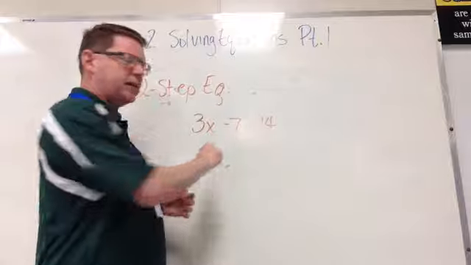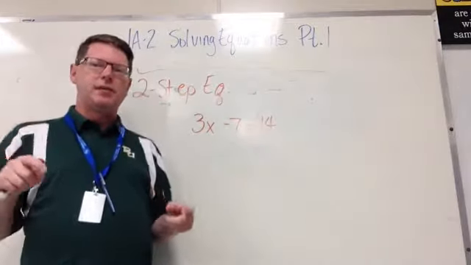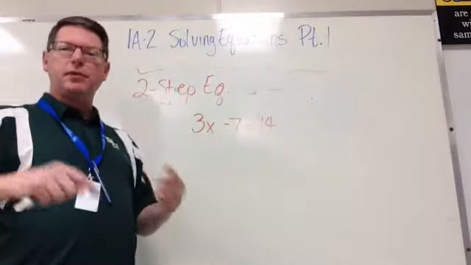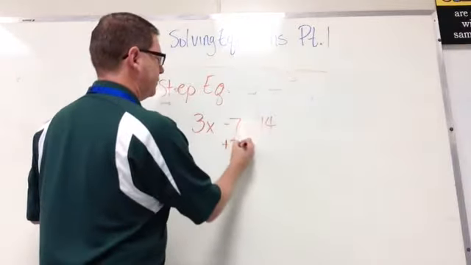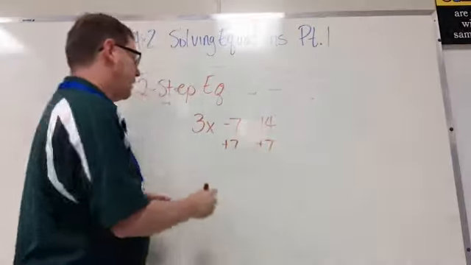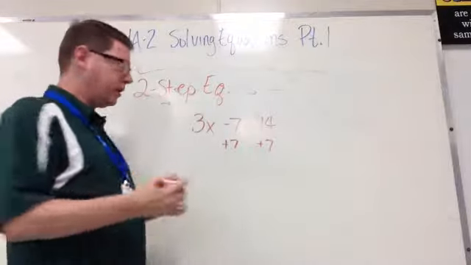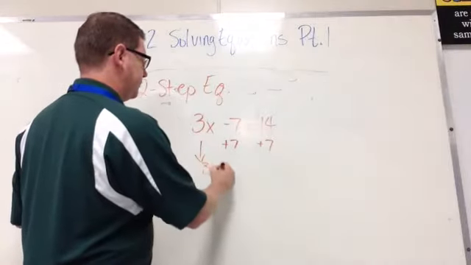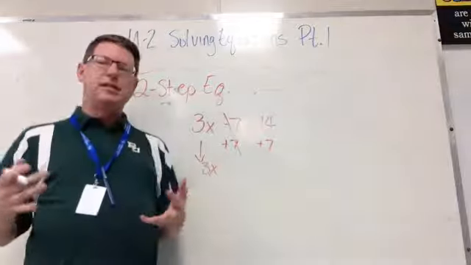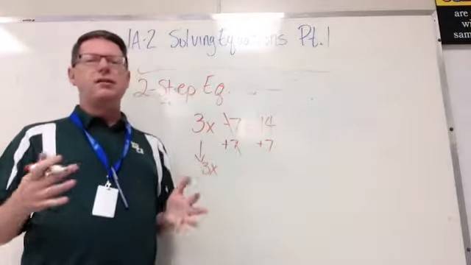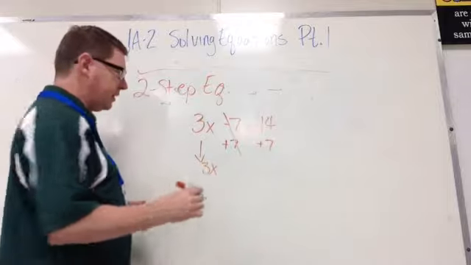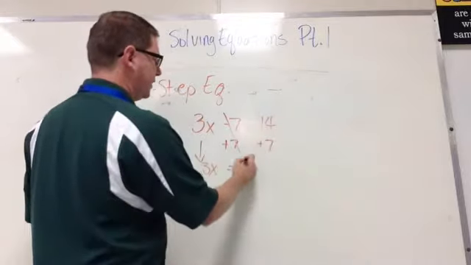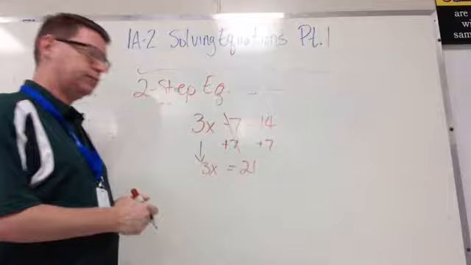Well, this is minus 7, and remember what I said, we always do the opposite. So what do I do? I add 7 to both sides, so I can get rid of the 7. And so the 3x, I'm not doing anything to the 3x, so I just bring it down. Negative 7 plus 7 is 0. I'm not going to write the 0, I just know that there's no more 0 or negative 7 on that side. Equals 14 plus 7 is 21.